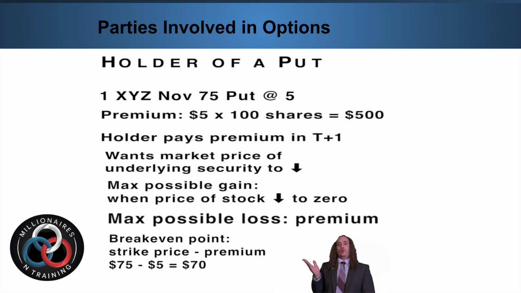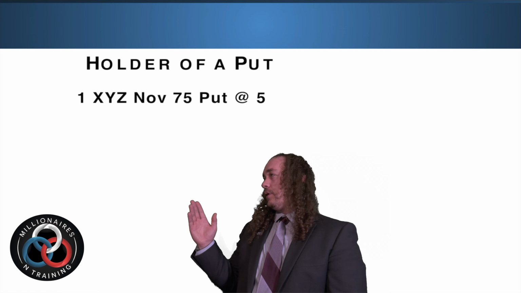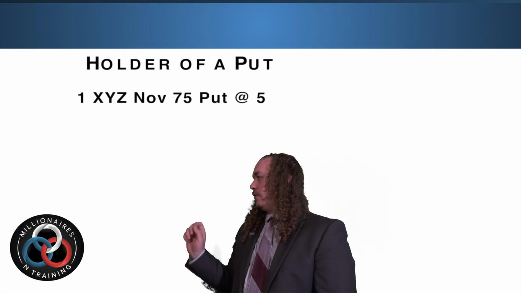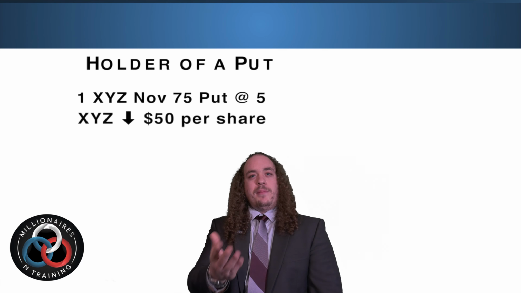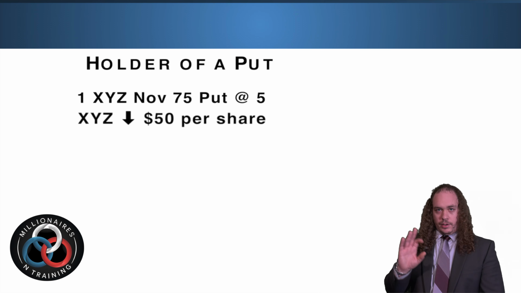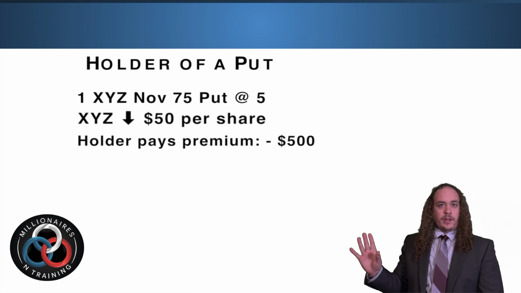Let's look at an example with the option we have here. 1 XYZ November 75 put at 5. XYZ drops to $50 per share, and the holder of a put exercises it. Remember, the holder of a put has paid out $5 a share times 100 shares to buy this put, $500.